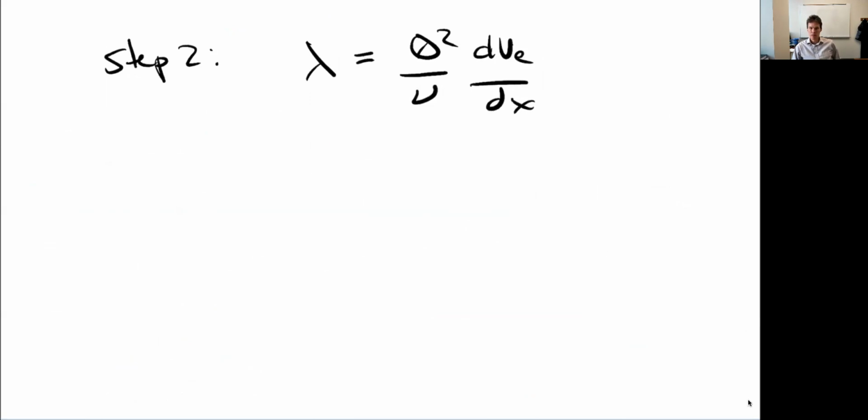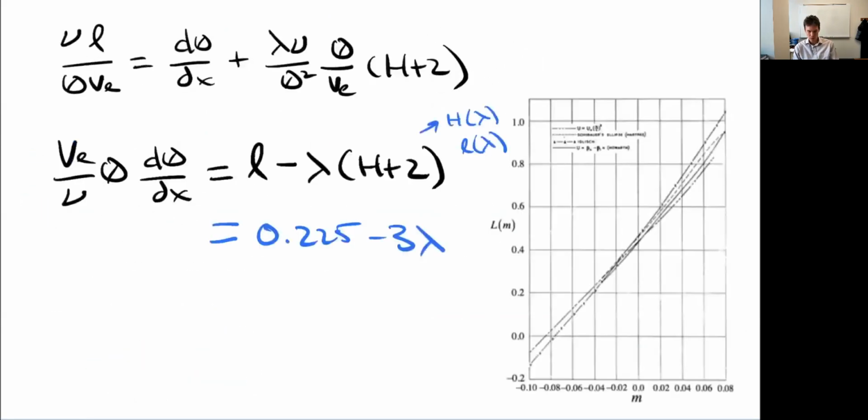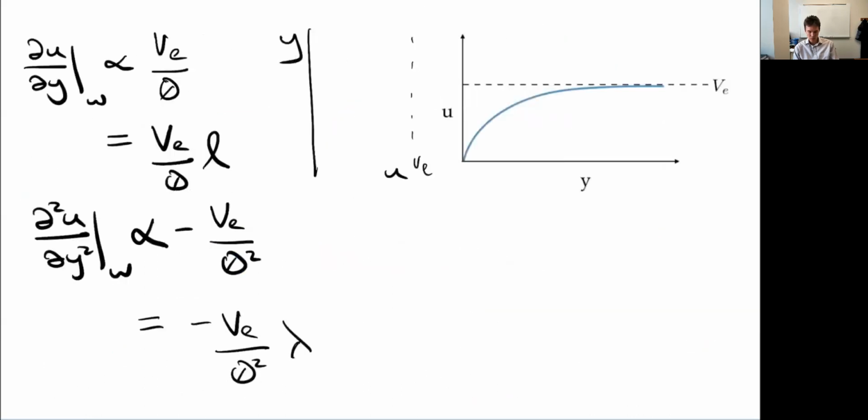Before we go on, let's take a moment to think about the significance of lambda, even though it's just this constant that we don't really have a physical significance for. If we go back and look at it, it's the proportionality constant for a curvature. Remember that a negative curvature is an indication of a healthy boundary layer. So if lambda is positive, that means our curvature is staying negative, and the more positive lambda becomes, the healthier this boundary layer is.